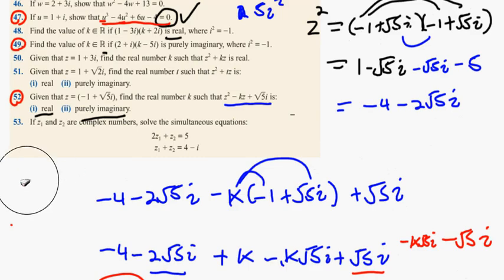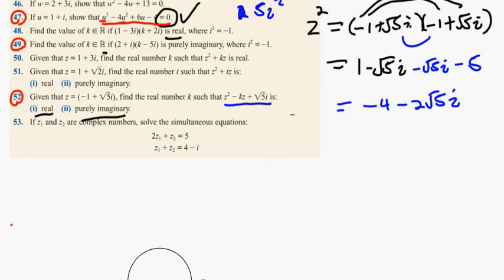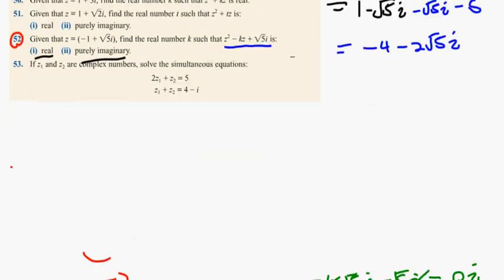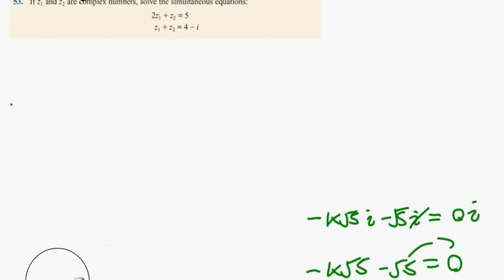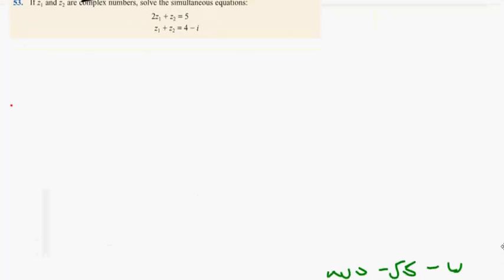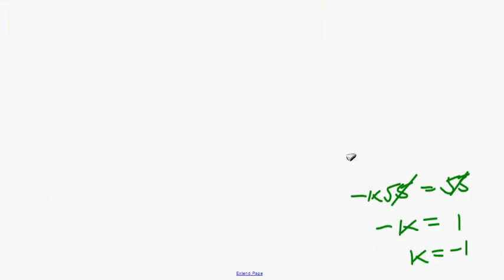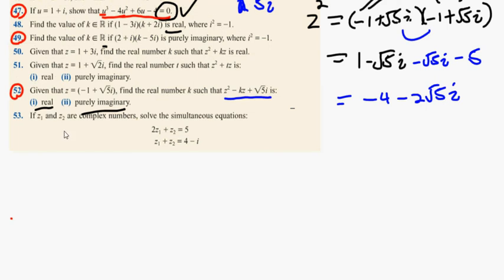Okay guys, now finally what we have next is if Z1 and Z2 are complex numbers, solve these simultaneous equations. So what I'm going to do to make these look more like a normal question, what we're used to, I'm going to say let Z1 be x and Z2 be y.